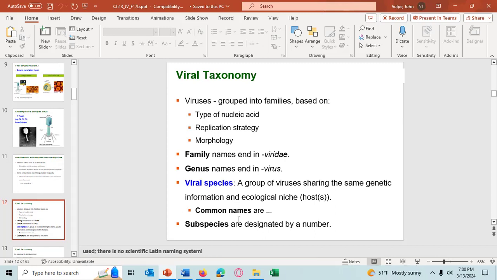Polio virus type 2 is the vaccine that we use to prevent getting the disease polio, meaning we vaccinate people with the polio virus type 2 because it doesn't give the disease and it protects you from getting the disease polio. Any question about that?